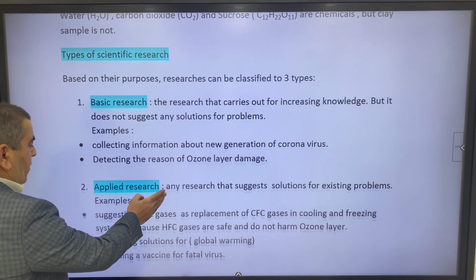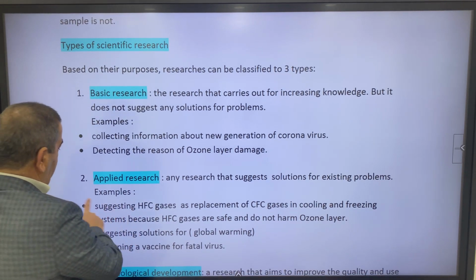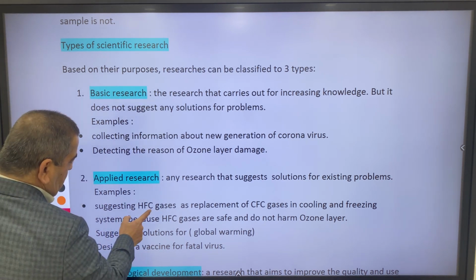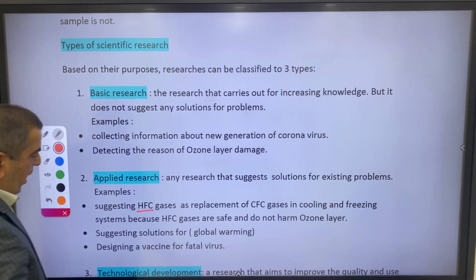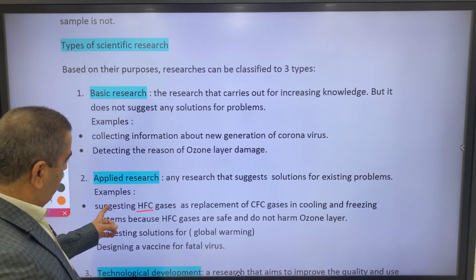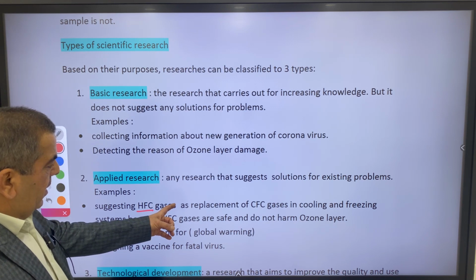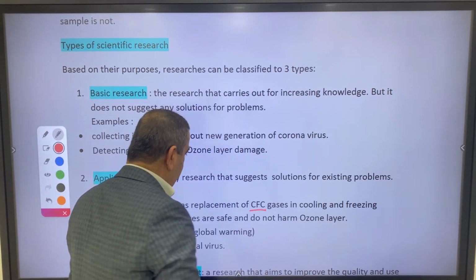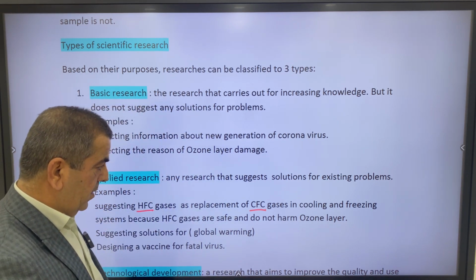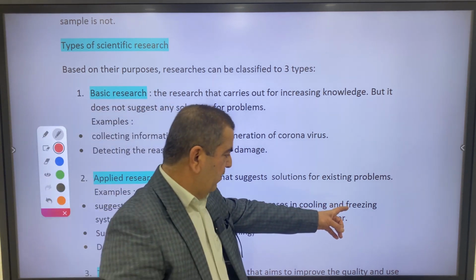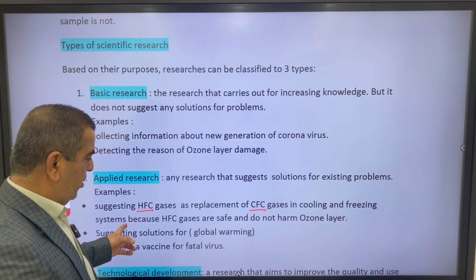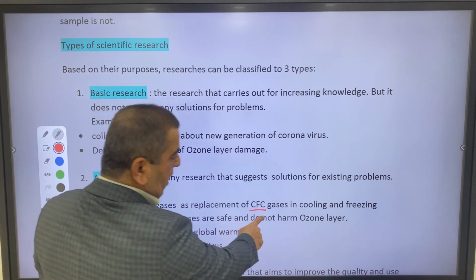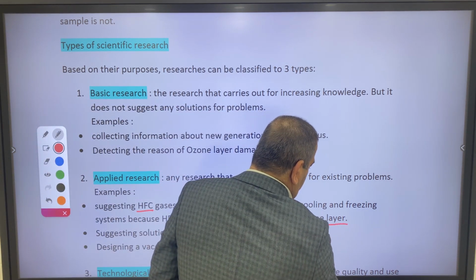So for example, in the first example, suggesting HFC gases, hydrofluorocarbon gases, as a replacement of chlorofluorocarbon gases in cooling and freezing systems, because hydrofluorocarbon gases are safe and do not harm the ozone layer.